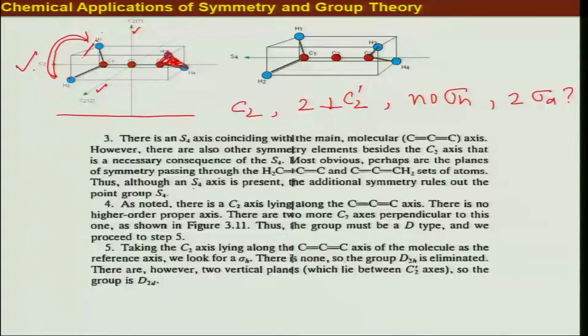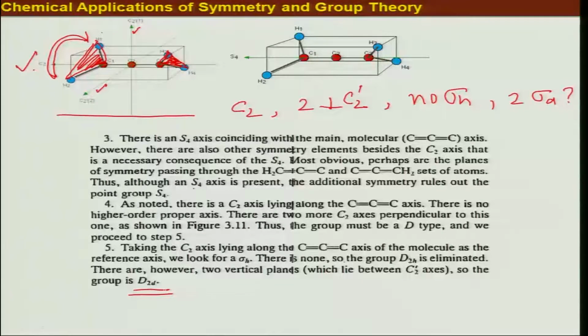Similarly, this plane will also do the same function. If you extend this plane throughout the body of the parallelepiped, you will see that very clearly. So we have two sigma d's, and therefore this molecule ultimately belongs to the point group D2d. I knew that this is D type and there are two sigma d's, so it is the D2d point group.